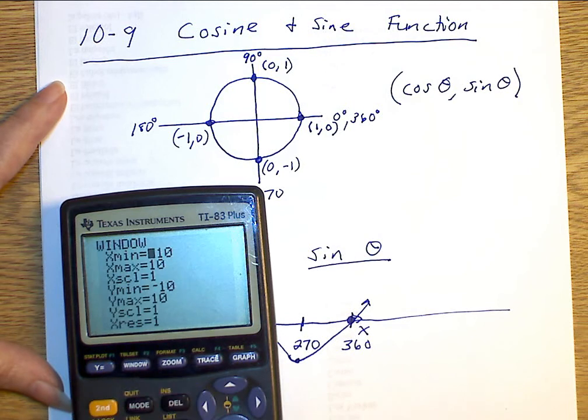Our window, we went from our x's, we can start at -10, it doesn't matter. And we have to go to a max of 360. And then our y's should be at -1, or actually you can go -2 to 2, just so you can see them.